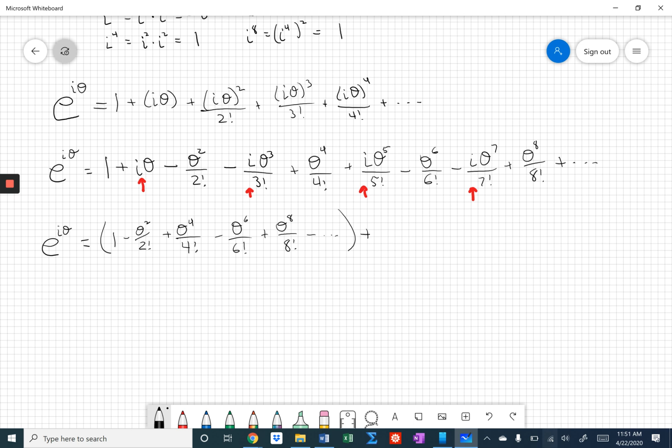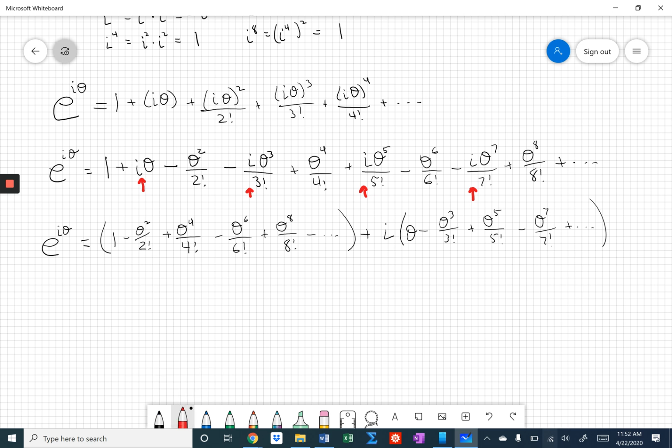Plus, now all the terms that have a factor of i, I'm just going to factor that i out here. And then what am I left with? I'm going to have theta minus theta cubed over 3 factorial plus theta to the 5th over 5 factorial minus theta to the 7th over 7 factorial plus dot, dot, dot. And that's going to continue forever.